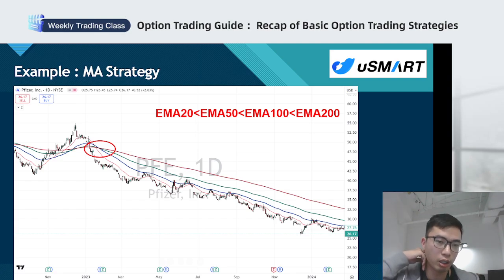We need to avoid buying long in these stocks. If not, you will buy and it will get lower and lower. In trading, we need to follow the trend. Trend is our friend. We don't counter it. Sometimes the fundamentals can be very good, but the technicals are very bad.